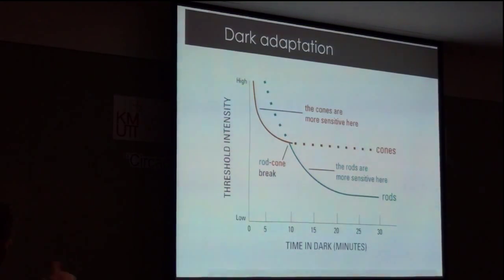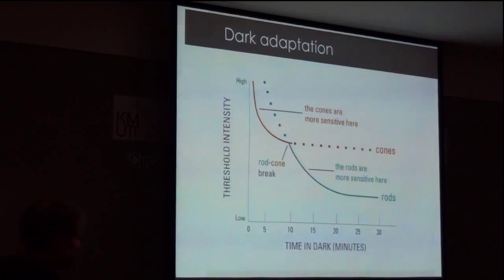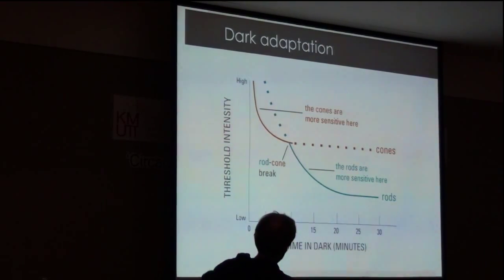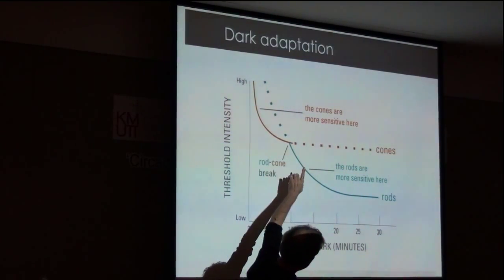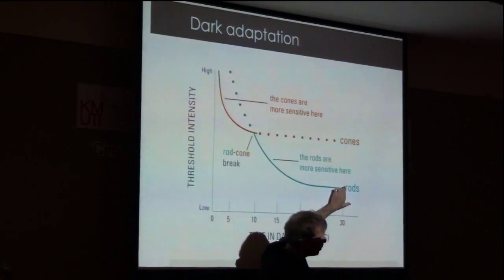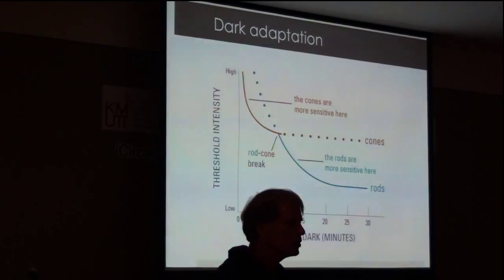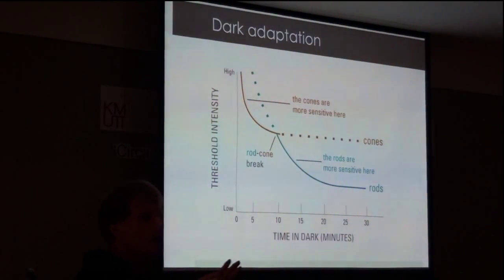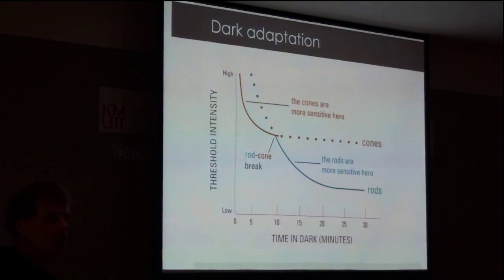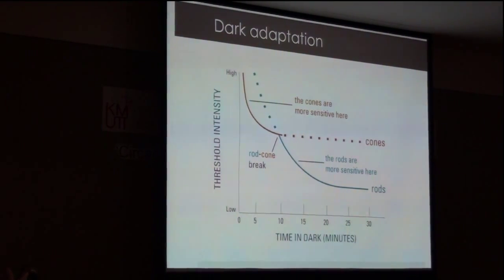Okay. So you get this kind of function here, where you get a very quick response here, but contrast sensitivity maxes out at about 20 minutes. Usually what I do with my students is I turn off all the lights in the room and I let them fumble around in the dark, and then after about 20 minutes they can all see. I won't do that today, but this process takes a long time.